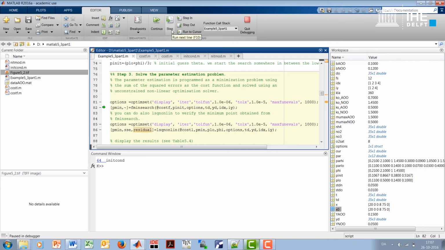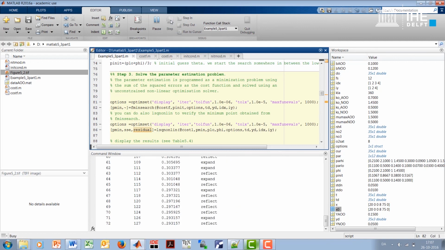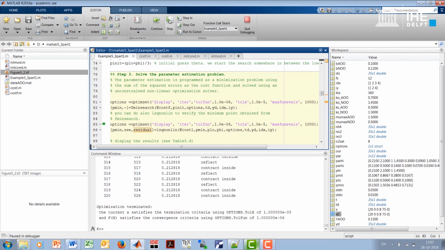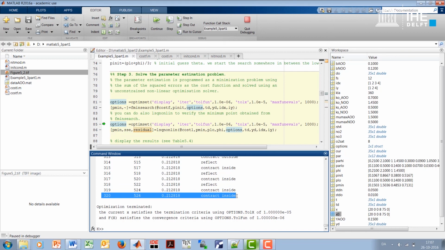When the fminsearch is executed, the progression of the search algorithms is displayed. The final cost function values, as highlighted in the last row, can be seen.